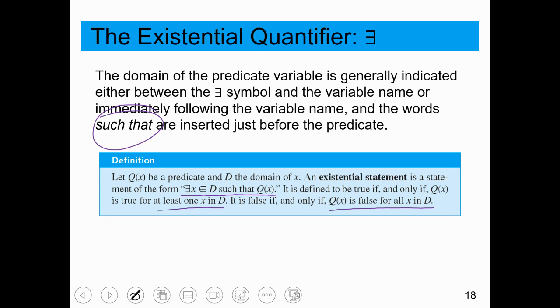To show that an existential statement is true, we simply need to show that there is at least one element of the domain that would make the statement true. To show that an existential statement is false, we have to show that it is not true for every element of the domain.